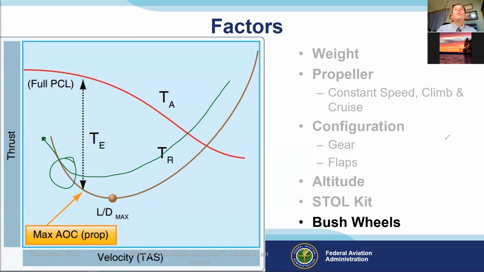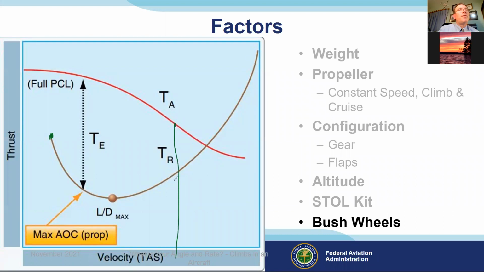And then bush wheels, we talked about gear already, but along the same lines, you put really big fat tires on your airplane, pretty neat, gets you over the rocks, but that has a huge impact on your top end airspeed. Very little impact, if any, on your stall speed, but you're going to end up with a top speed probably somewhere down here.